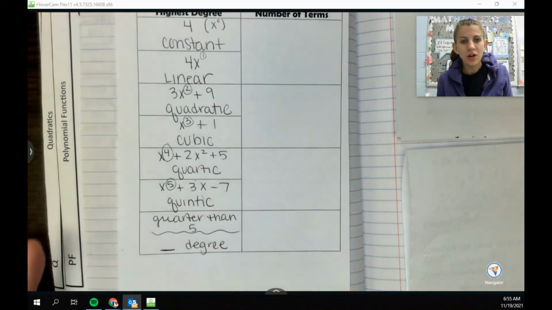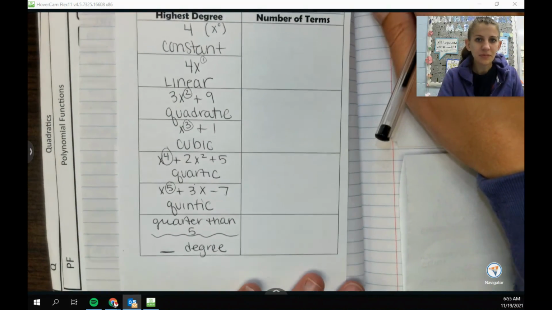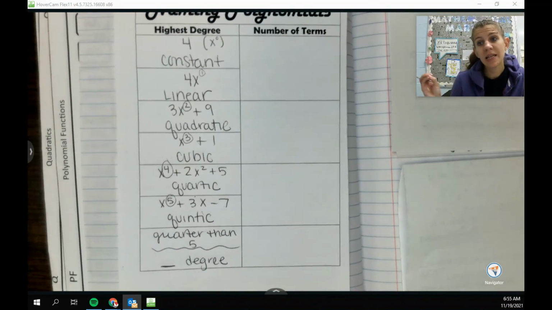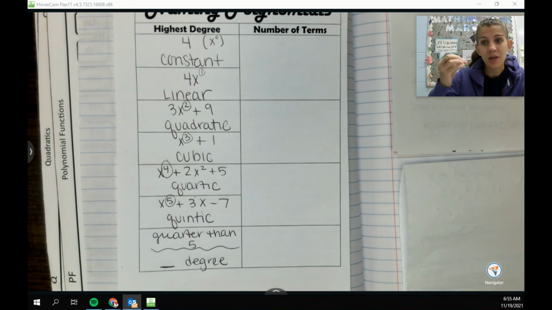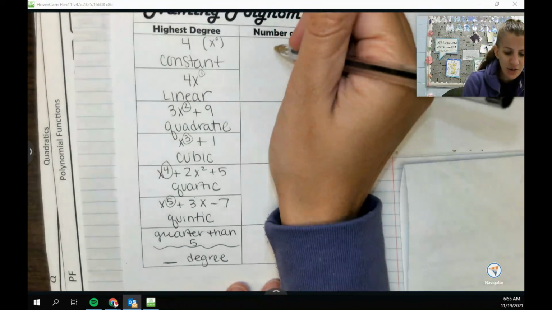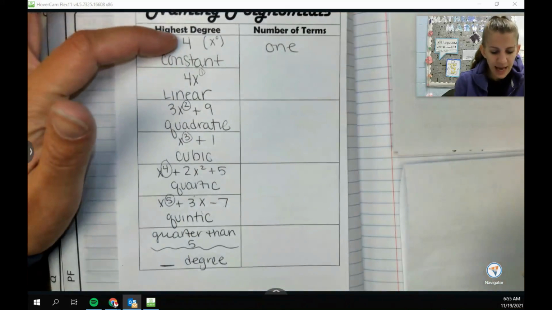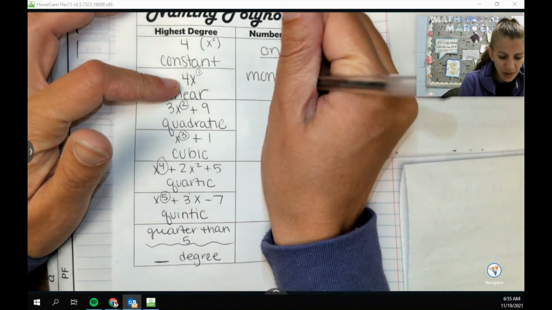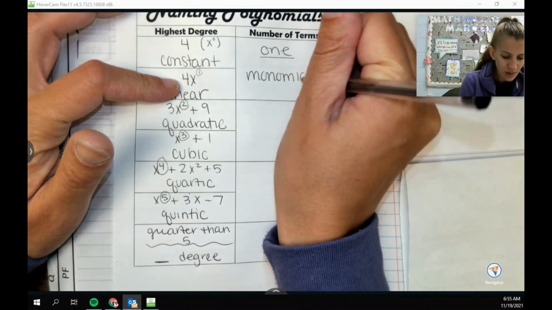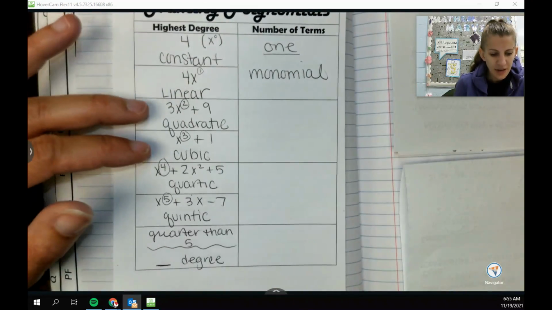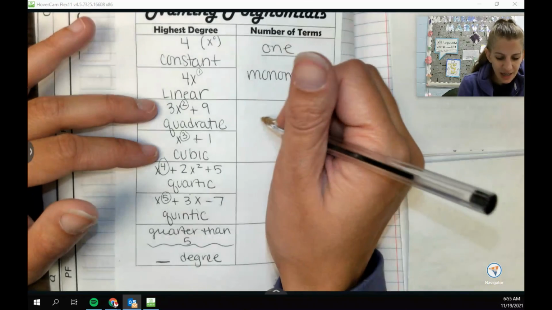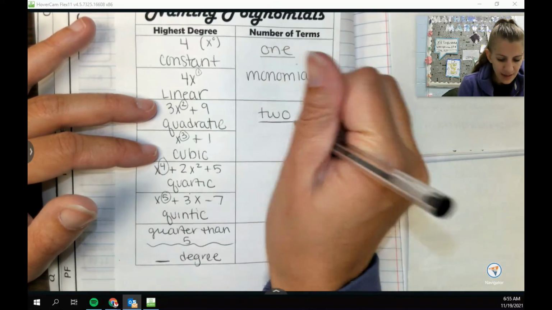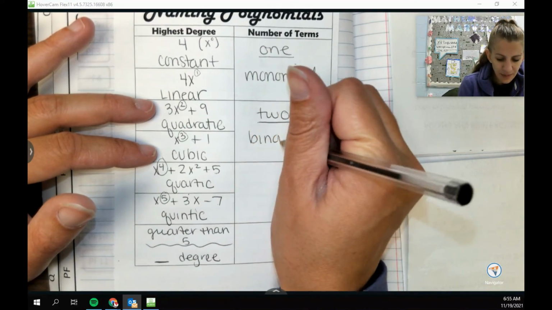Okay, so those are all of our first names. Our last names are based on the number of terms or the number of numbers that we have. And so if there's just one, like I had here and here, then it is a monomial. If there are 2, like I had here and here, then that is a binomial.